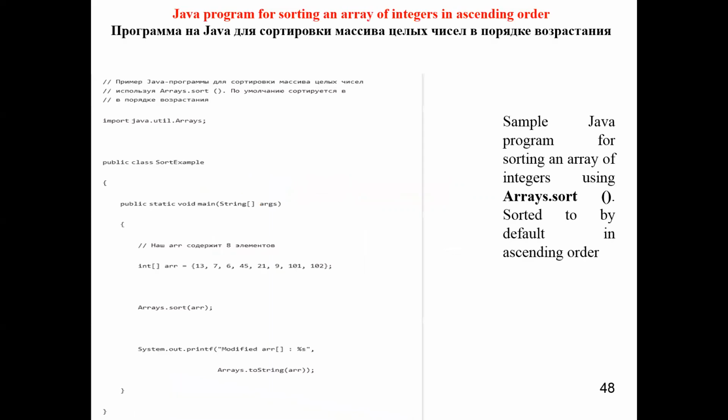Array processing. Java program for sorting an array of integers in ascending order. You can see the programming code on the left. Sample Java program for sorting an array of integers using Arrays.sort. Sorted by default in ascending order.